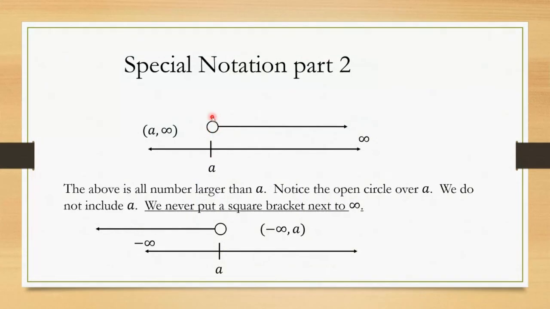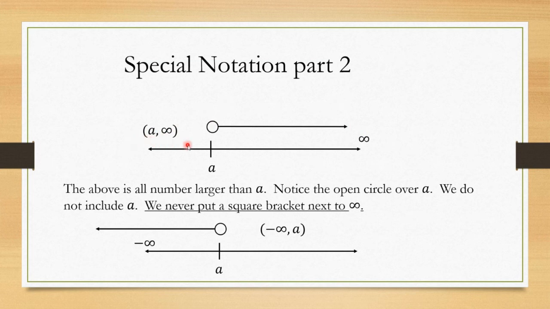We're going to have an open circle above a, because we're not including a. And we have the arrow pointing all the way to the right. That's graphically how we would sketch the graph of this interval. This interval is all numbers strictly bigger than a, and this is how you graph it.